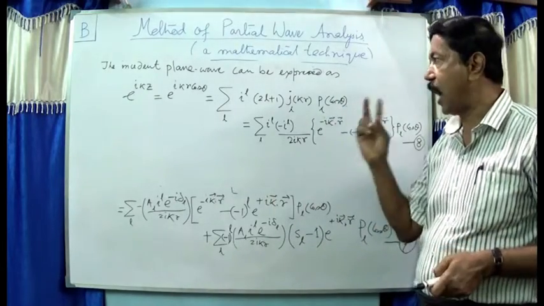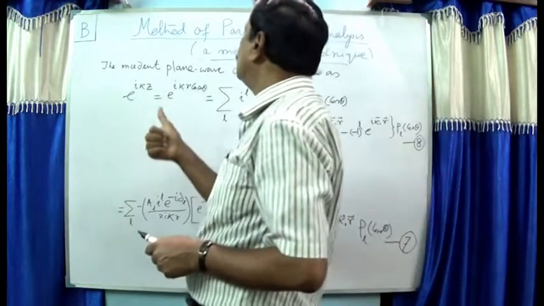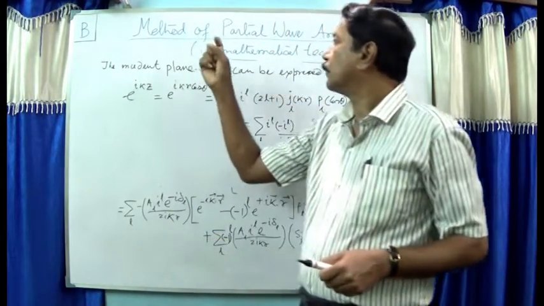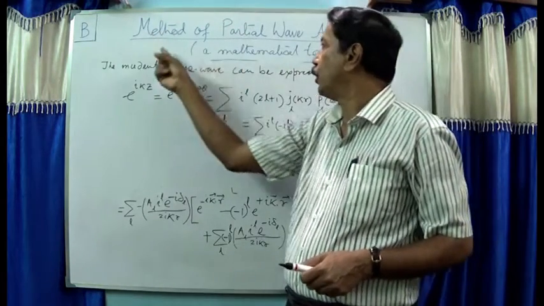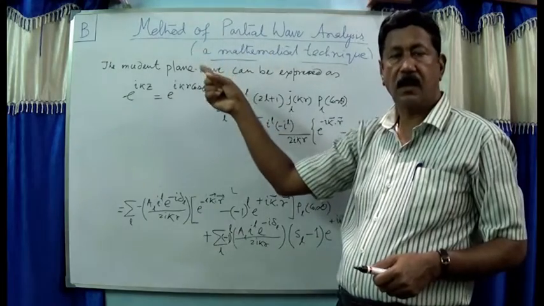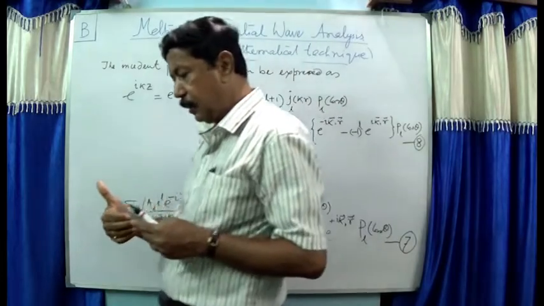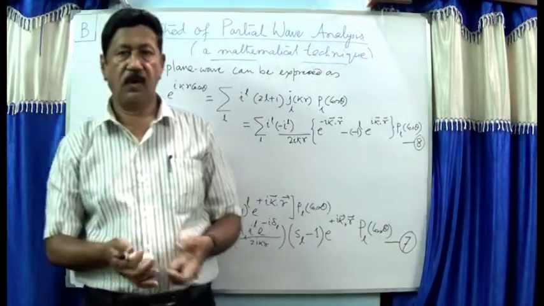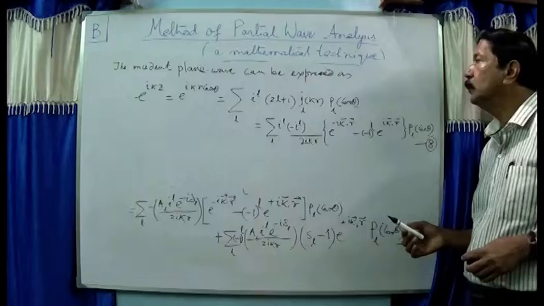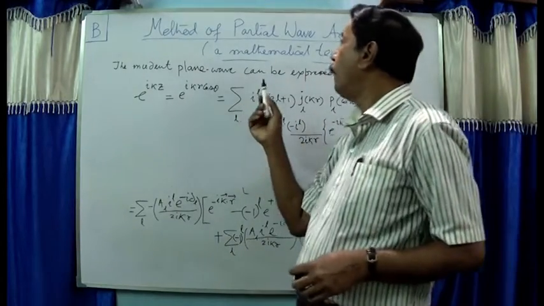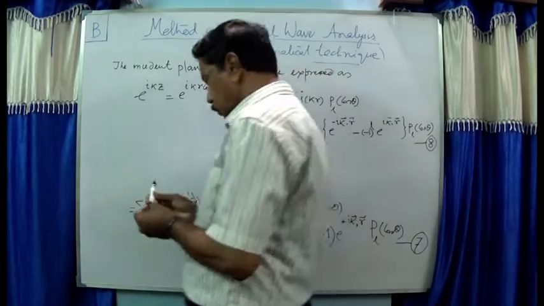So these two styles, as I told you before, are the basis of this method. Unless you express both the incident and the scattered wave or the total psi in this form, we cannot pass into this method of partial wave analysis.